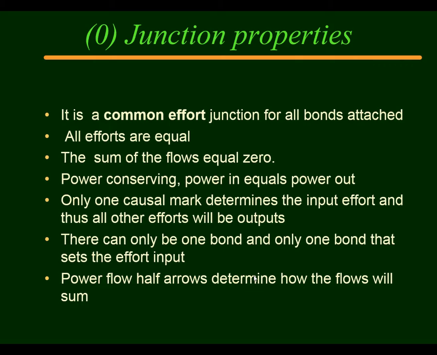It's power conserving, power in equals power out. Only one causal mark determines the input effort, and all other efforts will have to be outputs. There can only be one and only one bond that sets the effort input. And finally, power flow half arrows determine how the flows will sum.